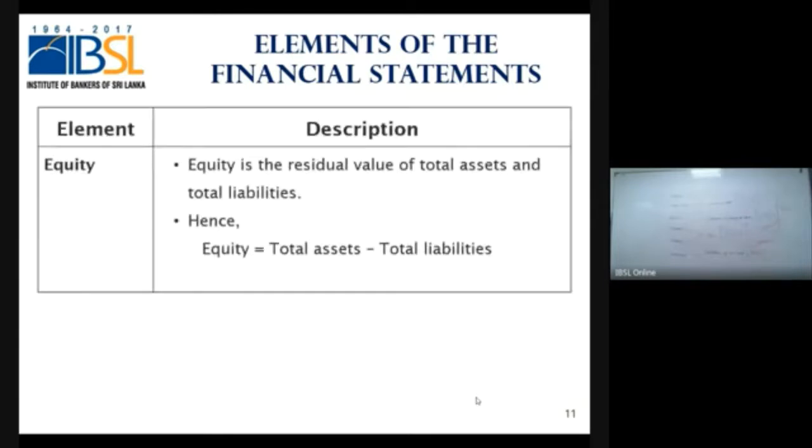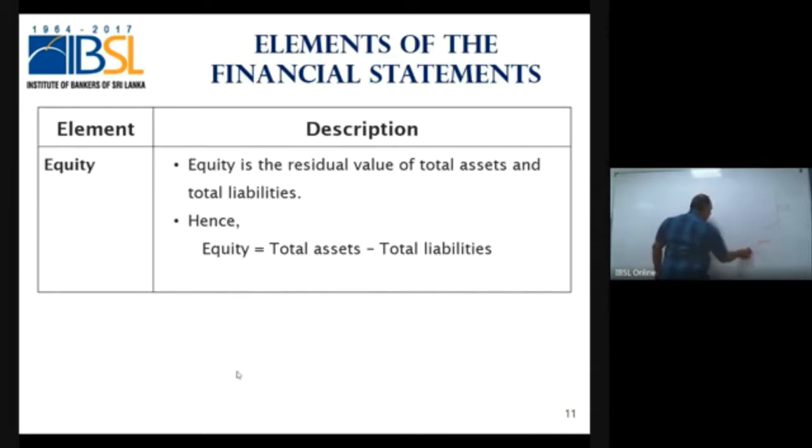Right. Now, when it comes to equity, what do they say? Equity is known as the residual value. The residual value, very important. This is going to be the heart and soul of all our learning.